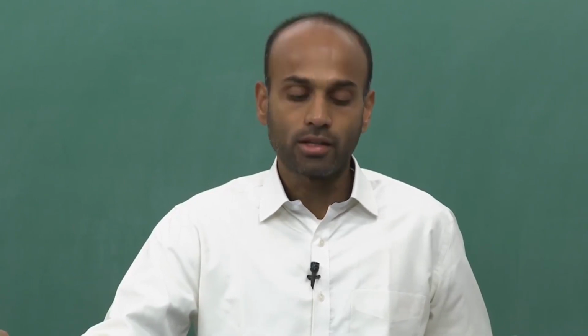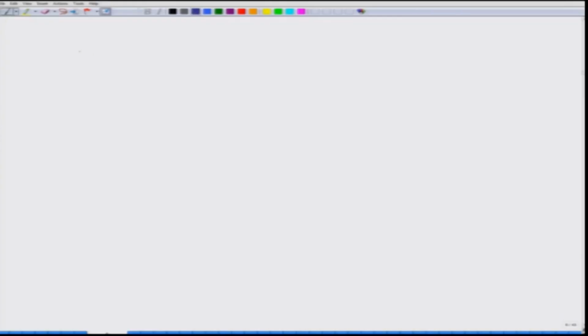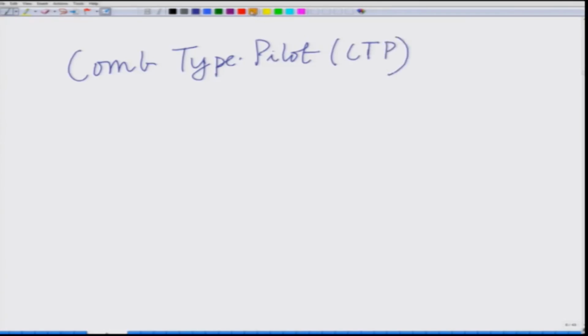Welcome to another module in this massive open online course on estimation for wireless communication systems. So, we are looking at a different channel estimation scheme for orthogonal frequency division multiplexing, that is OFDM systems, and we call this the comb type pilot based estimation, or basically CTP.